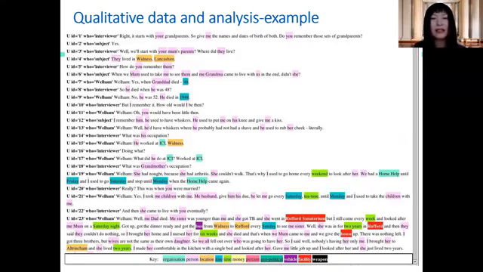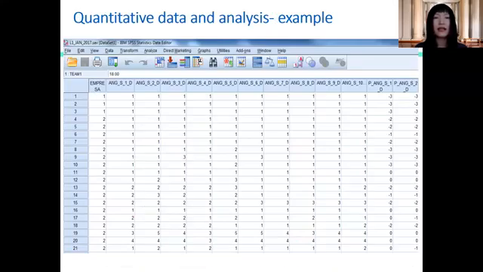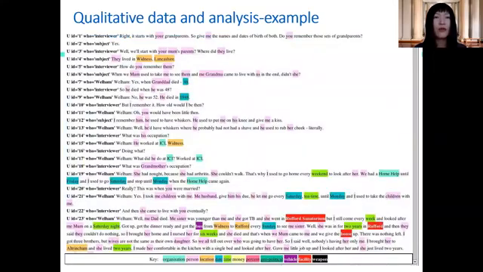They are all text, words, sentences, or paragraphs. So that's the most obvious difference between a qualitative data and a quantitative data. Quantitative data is to study the numbers, whereas qualitative data is to study the text.